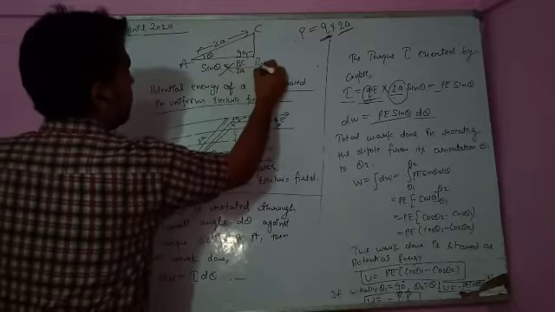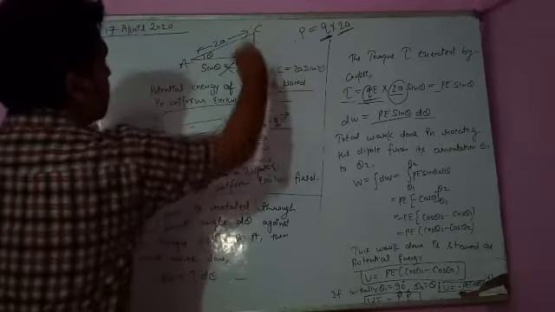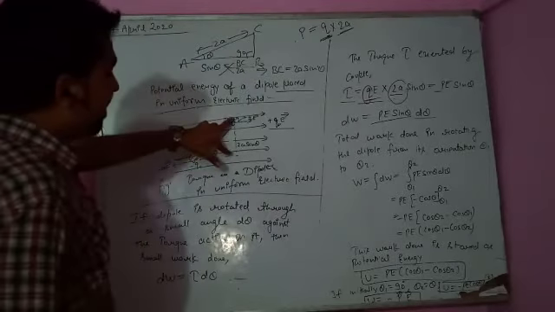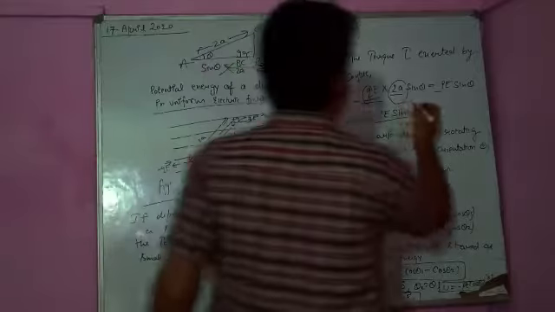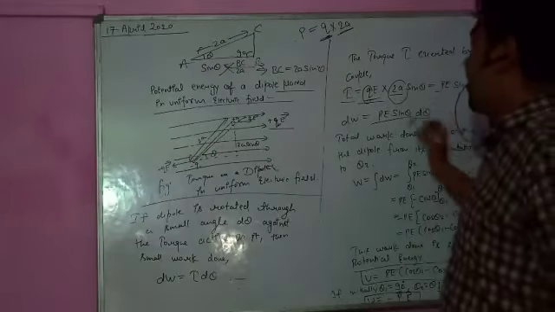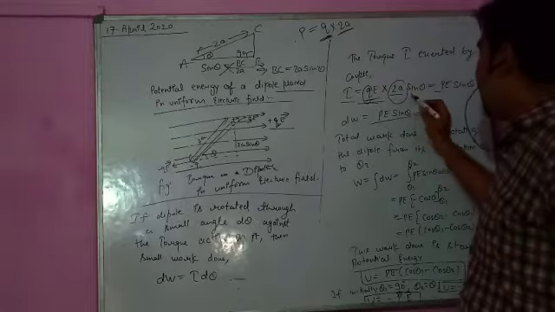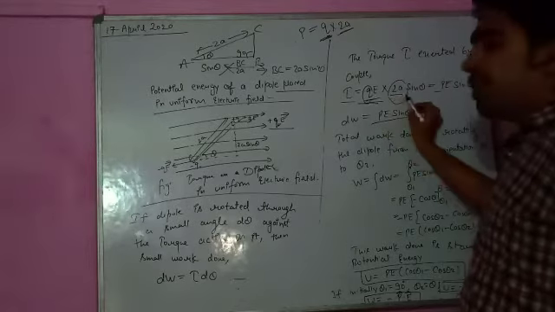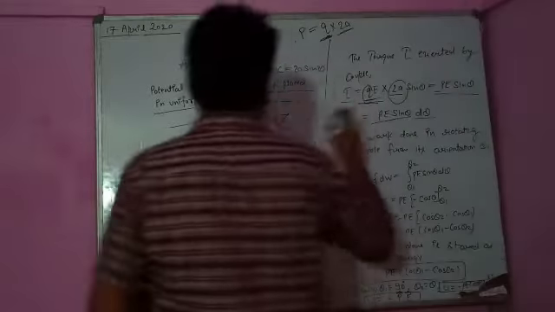So BC will be 2a sin theta. So this perpendicular distance is 2a sin theta. Let us substitute the value. Torque is equal to force into perpendicular distance, so qE into 2a sin theta. So q into 2a is the dipole moment P, so that will be PE sin theta. So this is the torque.